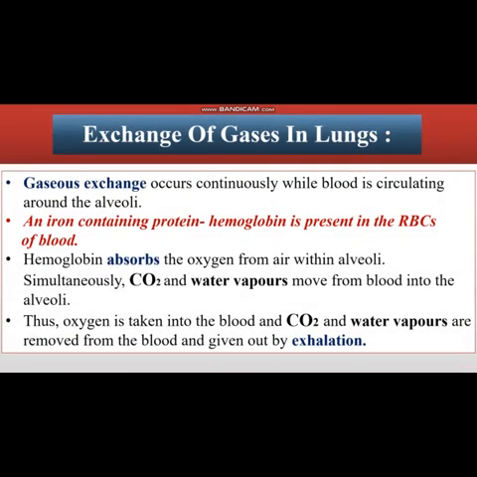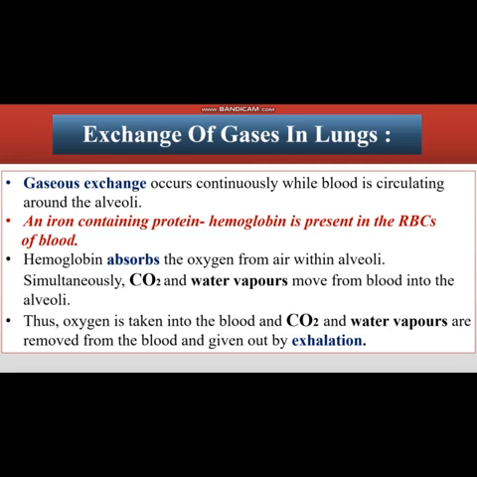Exchange of gases in lungs. Very important concept. Gaseous exchange occurs continuously while blood is circulating around the alveoli. I told you blood is circulating where? In the capillaries. So exchange of gases is continuously taking place.